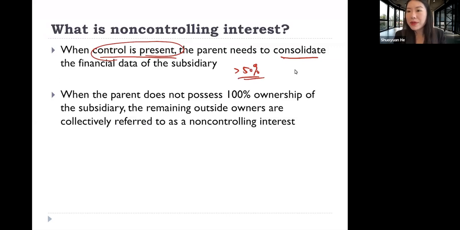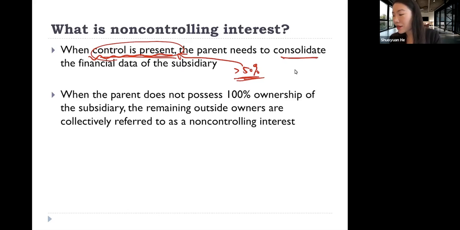The FASB's criteria, but the essential criteria here is when the control is present. How do we know when the control is present? Usually we use 50% ownership as the judgment here. So when control is present, we need to consolidate.